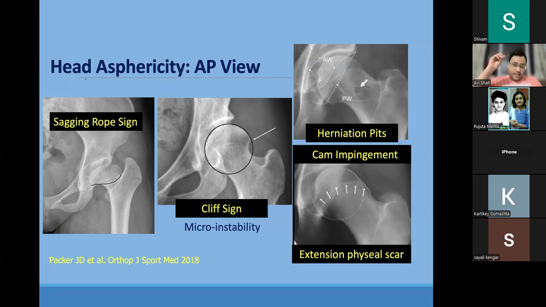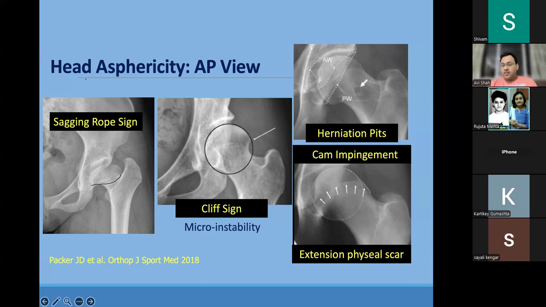Secondly, you can see cystic changes in the neck. If those are there, it is a soft sign known as herniation pits, which denote that the patient may have CAM. Because of the repeated hitting of the neck to the acetabulum, these herniation pits may be seen on the X-ray. And then for the CAM, what you see over here is a physeal scar extension sign.